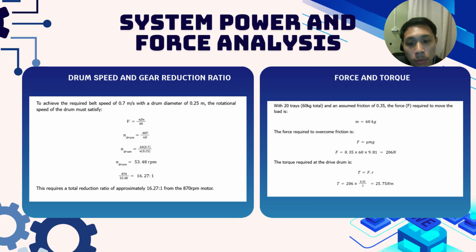This translates to a required torque at the drive drum of 25.75 Newton meters. These values are critical because they dictate the diameter of the shaft we select and the types of bearing required to support the rotational load.